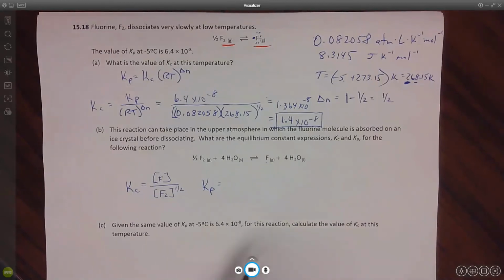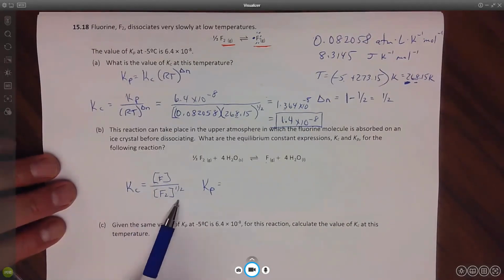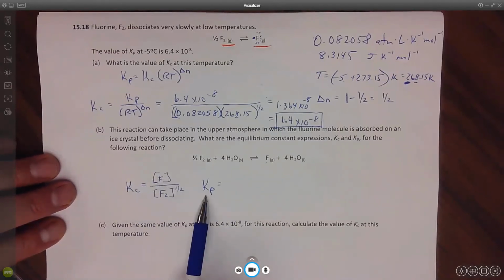What was the concentration for Kc? How do we give the concentrations of reactants and products for Kc? Molarities, right? And that's what the square brackets represent. What units of concentration do we give Kp? Oh, is it atm? That's atmospheres.